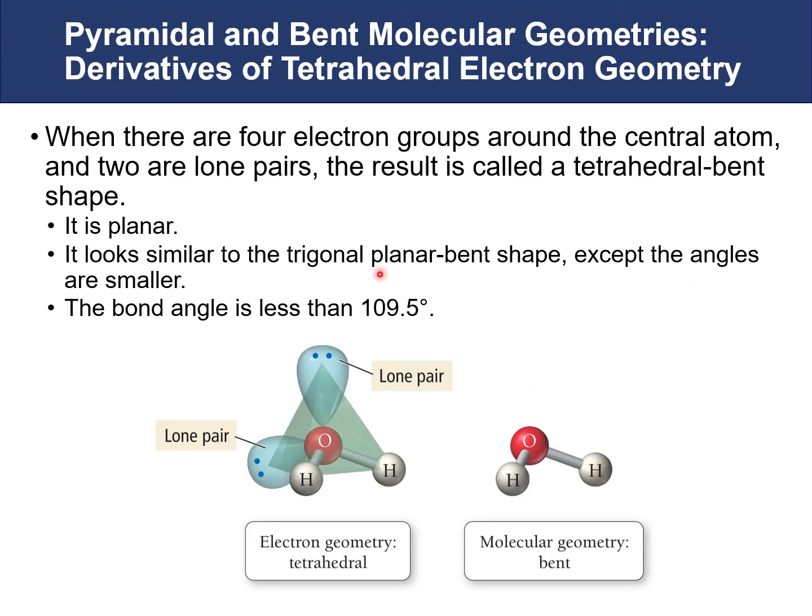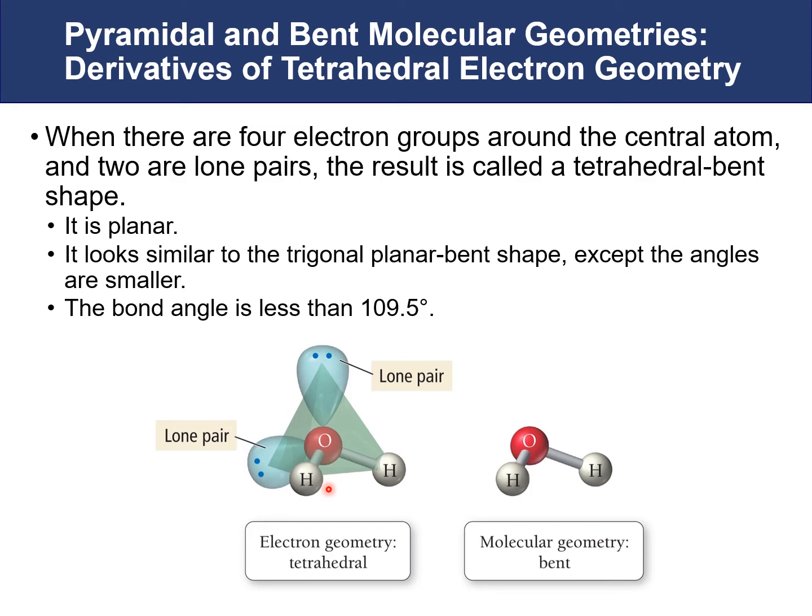In the case of the trigonal planar bent shape, the angle between the things that were bonded to the central atom were less than 120 degrees. In this case, because they start out at 109.5, if this was a perfect tetrahedral shape, and we now have 2 lone pair electrons which are pushing the hydrogens away from both of them, that will cause the hydrogens to, by necessity, move closer together.